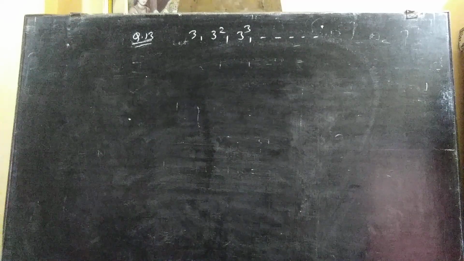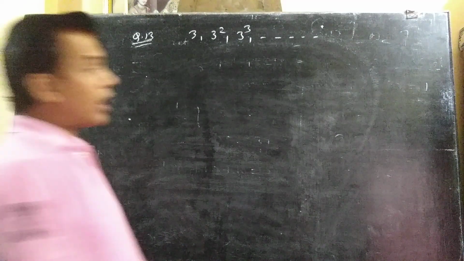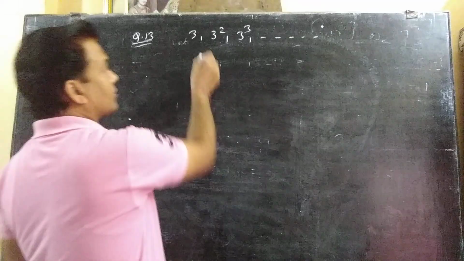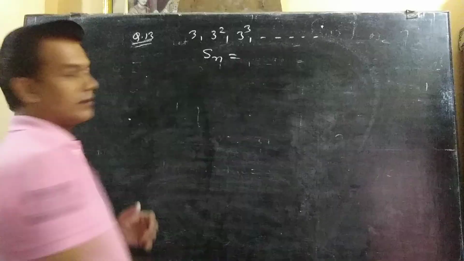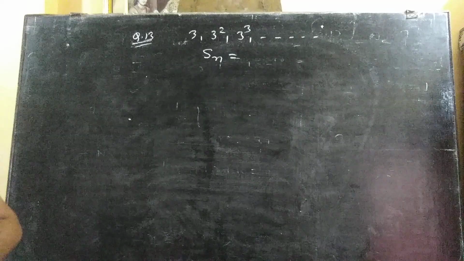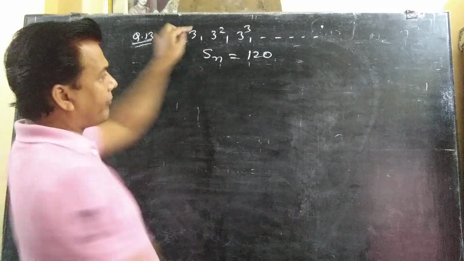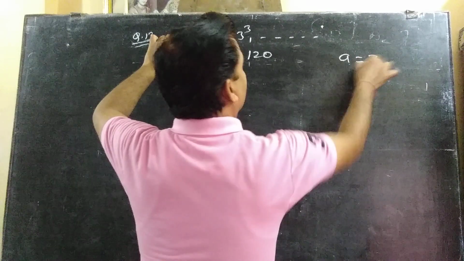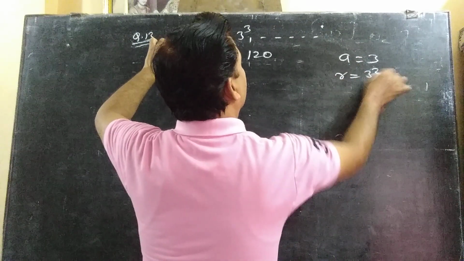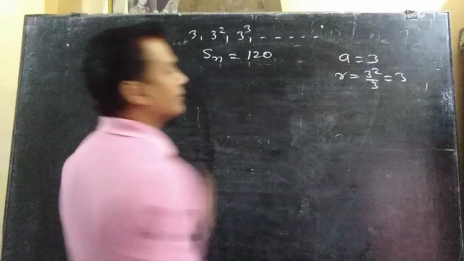What we have to find out in this, how many terms we should take here to get the sum of this GP as 120. So first term a value is 3 and r is 3 square upon 3, that is also 3.